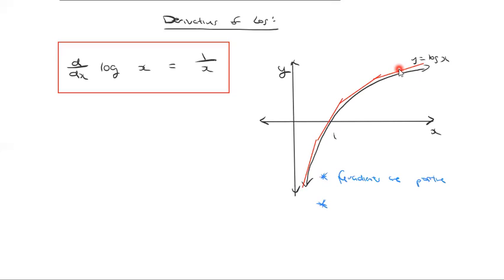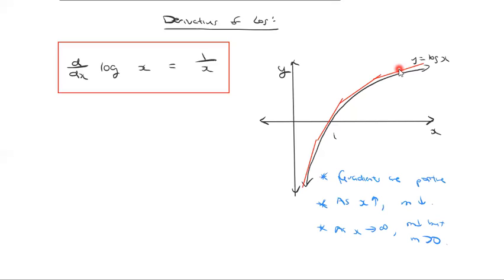And as x increases, does the gradient go up or down? It goes down. As x goes to infinity, the gradient goes down, but does it ever go negative? No.